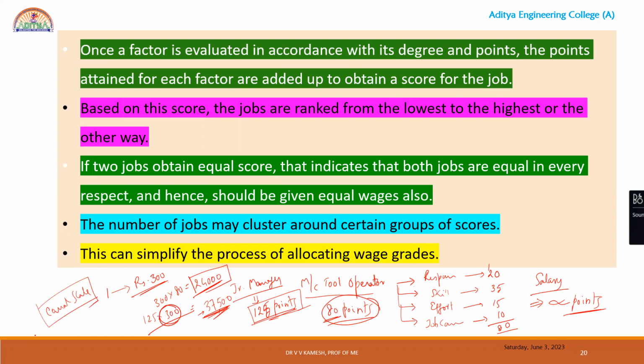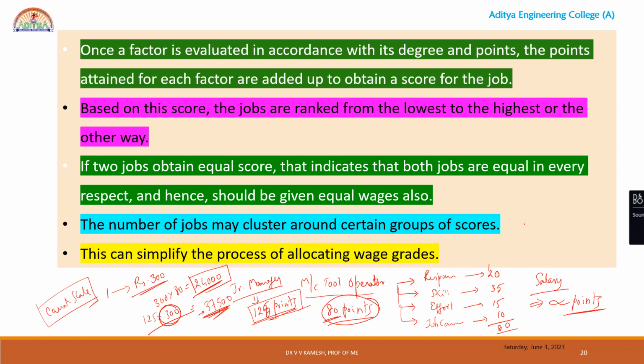So it depends on company to company, right? So basing on the score, the jobs are ranked from the lowest to the highest or the other way. If two jobs obtain equal score, that indicates that both the jobs are equal in every respect and hence should be given equal wages also.